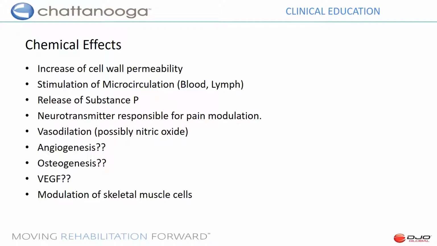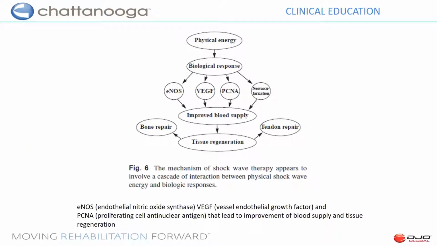Unlike focus shock wave, the greatest amount of energy is actually subcutaneous, and it's at the target. And then some other interesting effects: angiogenesis, osteogenesis, vascular endothelial growth factor. So really a lot of things that we would like in a tissue regenerative process.